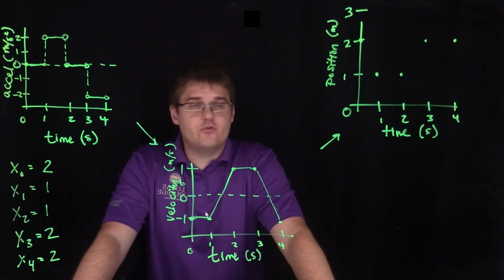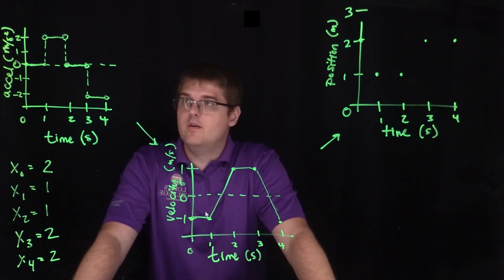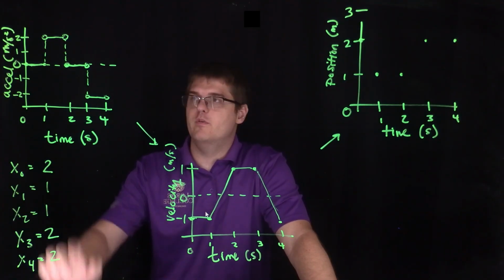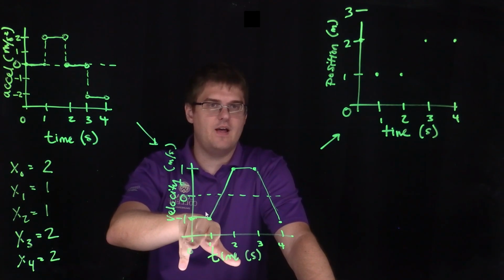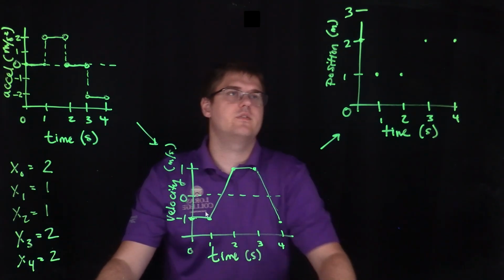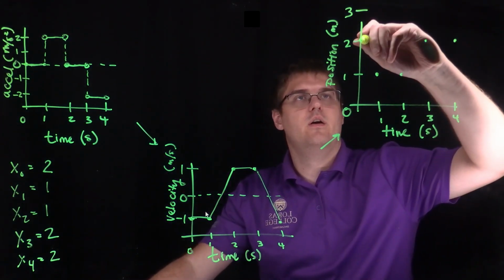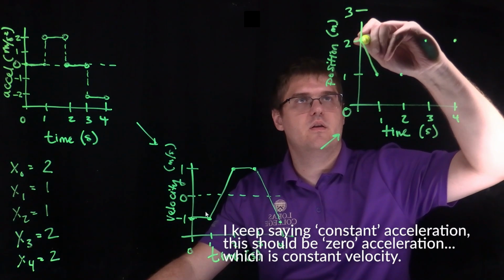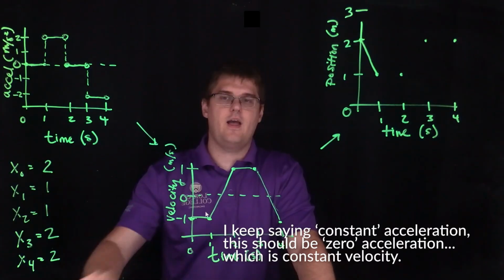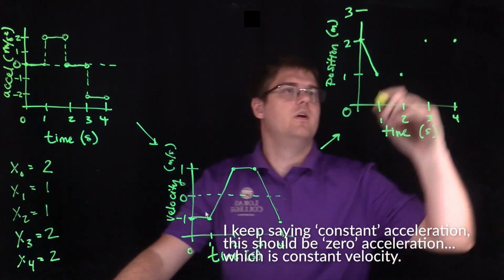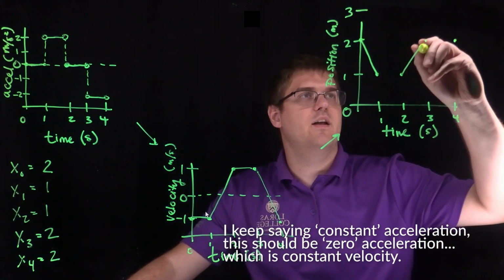I can't just draw straight lines now, though. I can for a couple of them. Between 0 and 1 second, I have a flat line. It's going -1. It is a constant acceleration. I am going straight line. And between 2 and 3, I have a constant acceleration. I can draw a straight line.